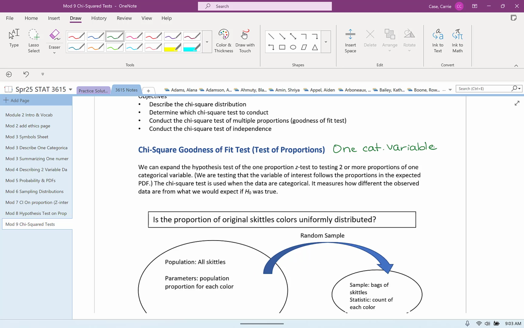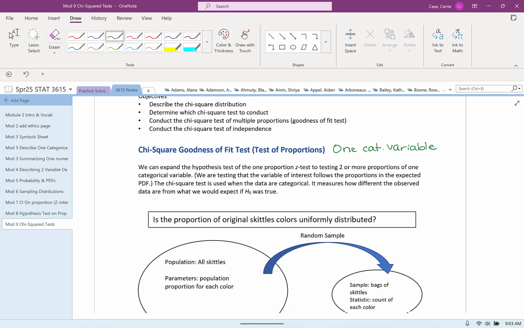We're testing that the variable of interest follows the proportions in the expected probability distribution function. So it's that probability distribution function that we're interested in. And it is no longer a binomial, which is what we had before.